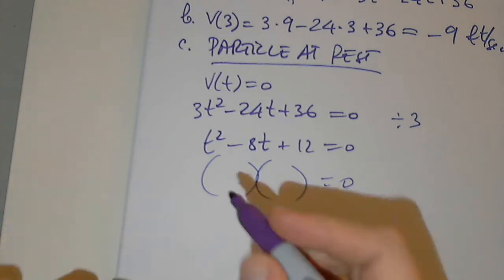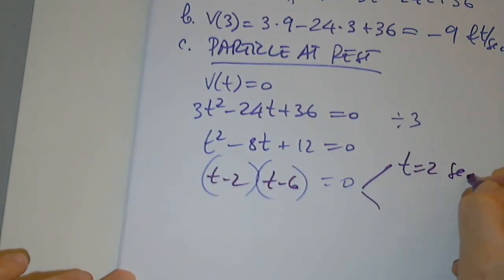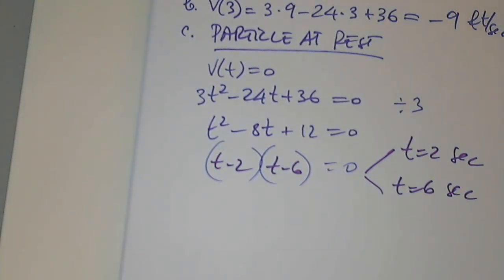It's t minus 2, t minus 6. Perfect. So we have t equals 2 seconds and t equals 6 seconds. So I know for sure that it starts moving right now. 2 seconds later, the velocity is 0. And also, 6 seconds later, the velocity is 0.